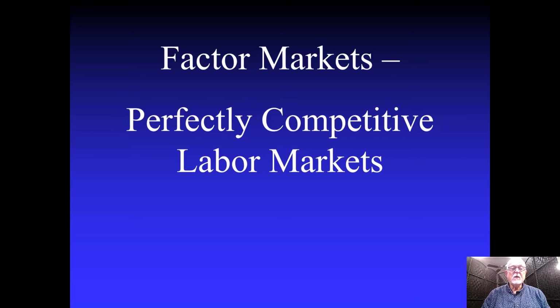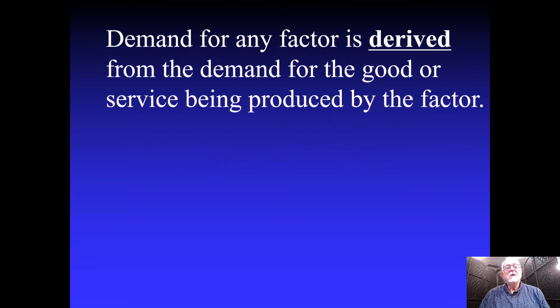Now, it's critical you understand that in the factor market, the whole reason a firm demands labor is because they're going to use that labor to produce a good or service, goods and or services.